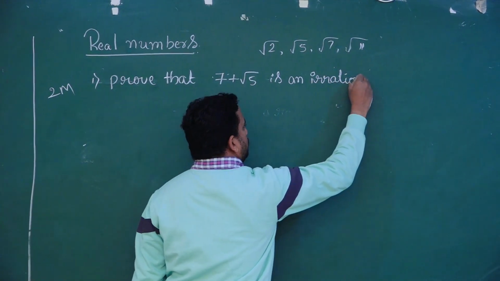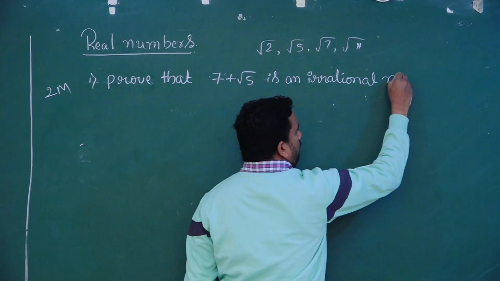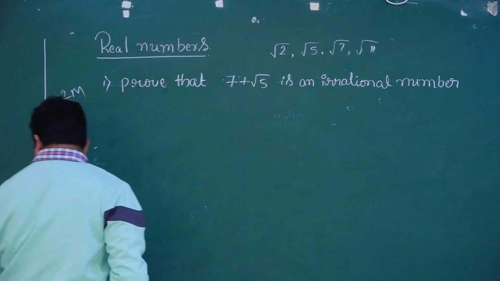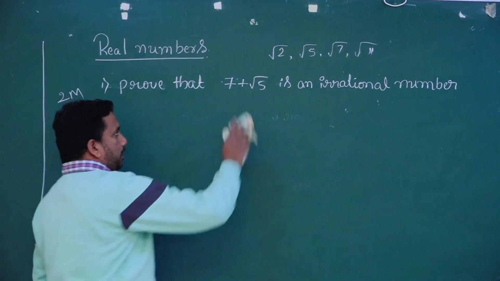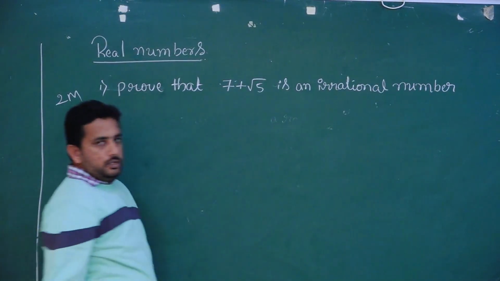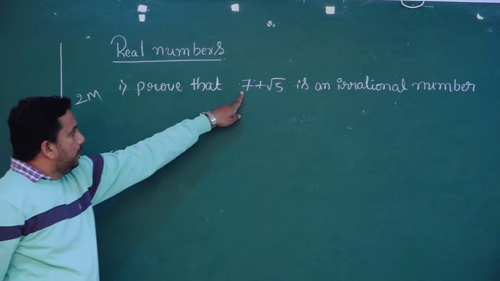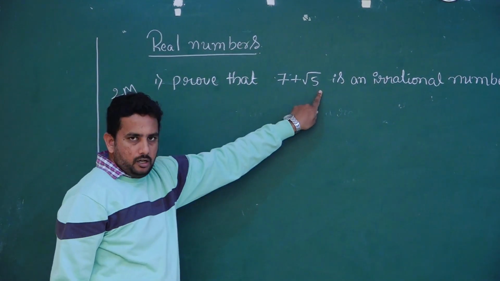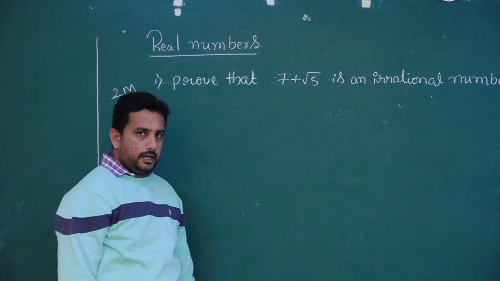How to prove this is an irrational number? Here we can look at it: 7 is a rational number, and addition of a rational number with an irrational number is also an irrational number.